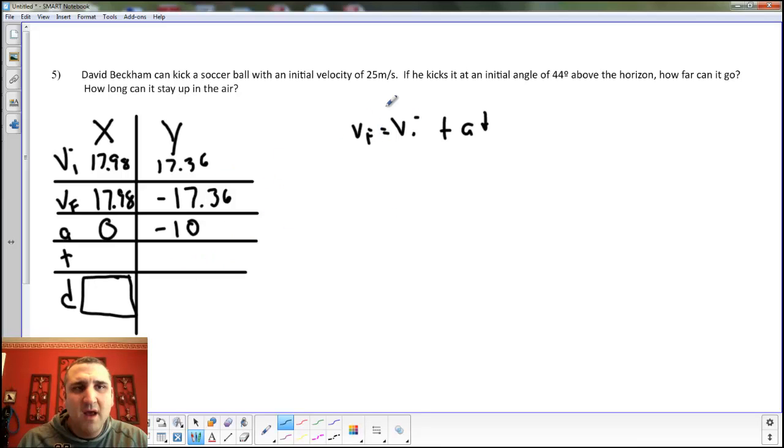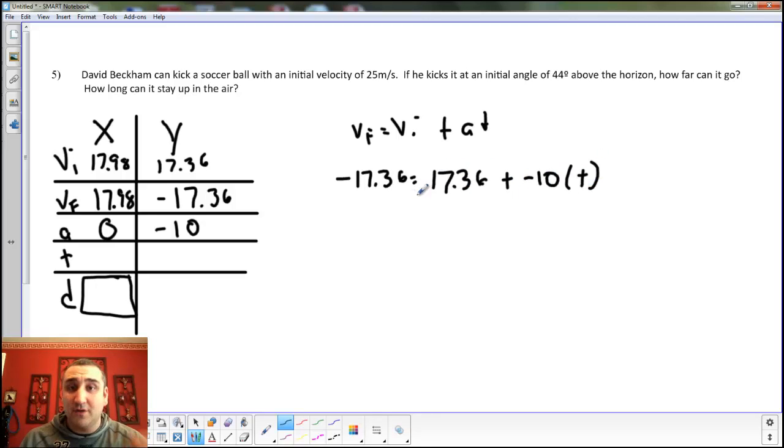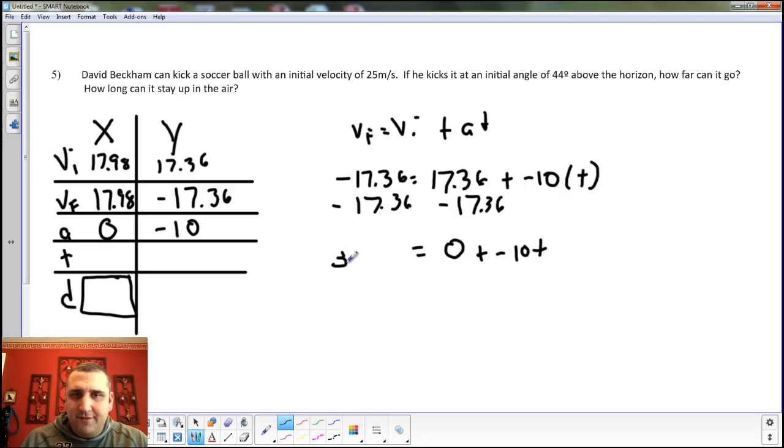So negative 17.36 equals 17.36 plus negative 10 times t, which I don't know. Again, we're going to subtract 17.36 from both sides. And we'll have 0 plus negative 10t on that side. We'll actually have negative 34.72 on that side.